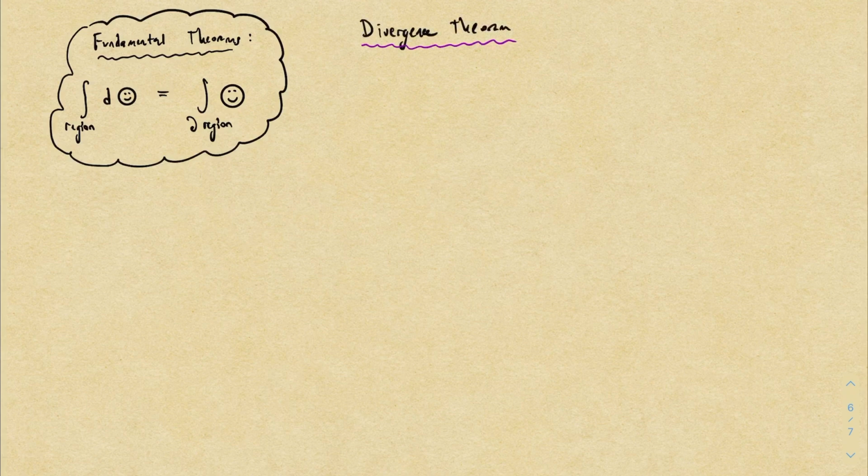The kind of region that we'll be interested in with the divergence theorem is a three-dimensional region in R3. So you should think of a solid filled-in blob, maybe something like this. This filled-in blob I'll call E. And on the left-hand side of the divergence theorem, we have an integral over E. Since E is a three-dimensional region, the kind of integral that we'll be computing is a triple integral.